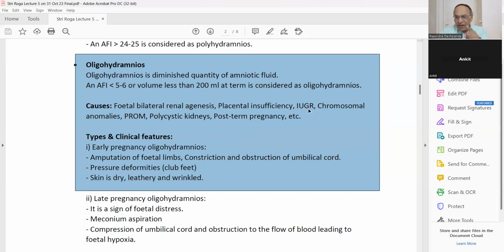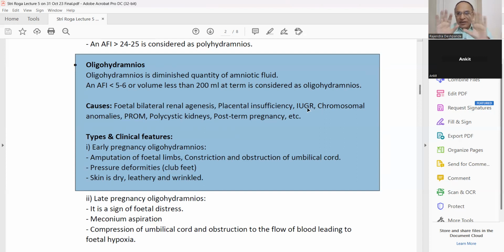This word is very, very important. Cursor, see the cursor. Please write down. IUGR. Intrauterine growth retardation. I will wait. Please write down. Cursor is there. Intrauterine growth retardation.